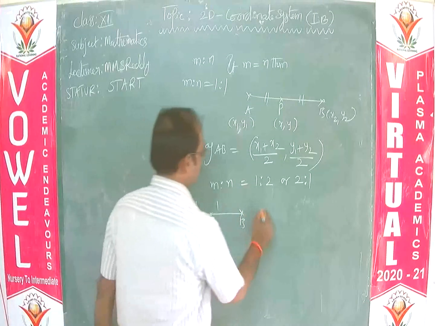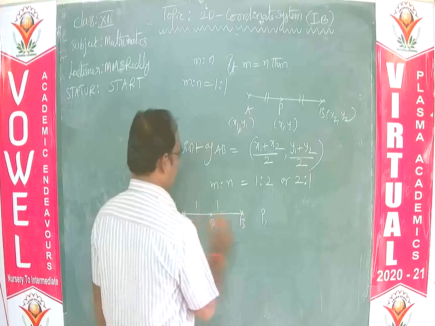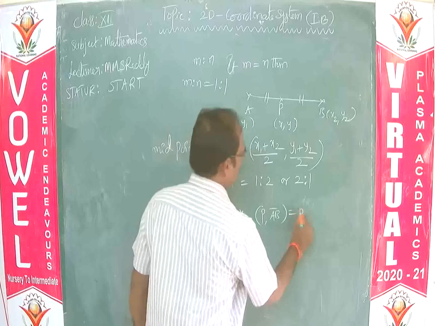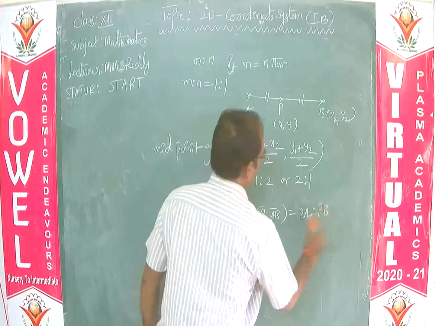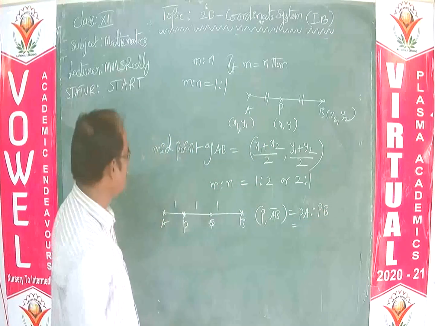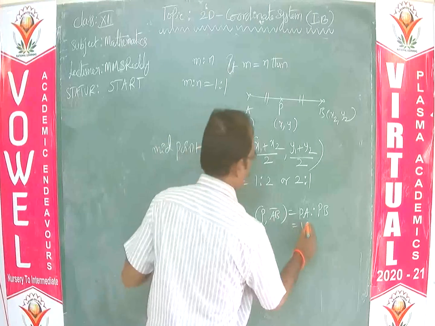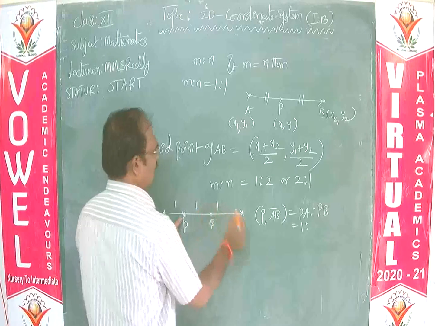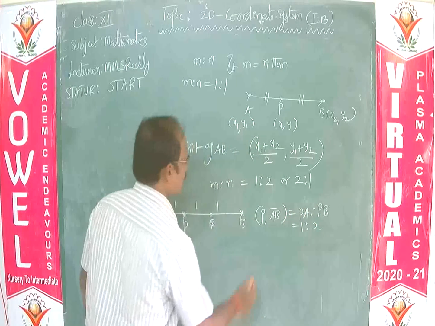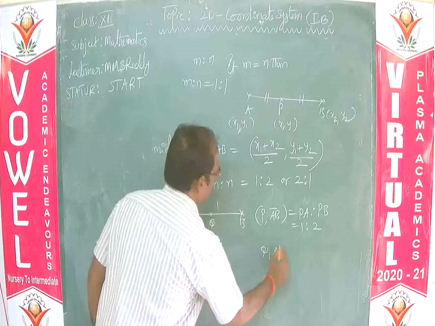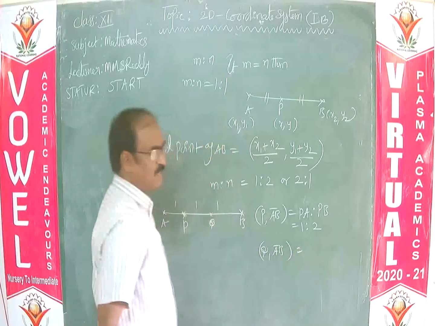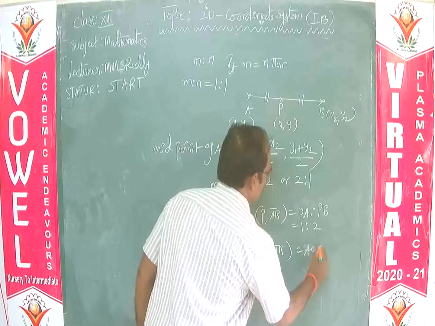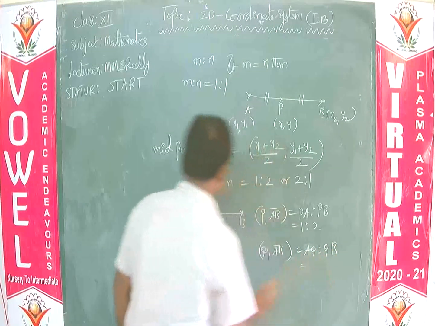Clearly, the point P divides the line segment joining AB in the ratio AP is to PB, where AP is equal to 1, PB is equal to 1 plus 1, 2, whereas the point Q divides the same line segment AB in the ratio AQ is to QB.